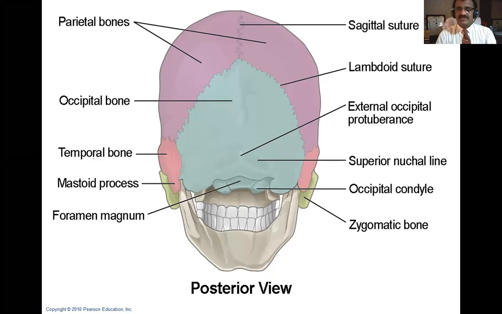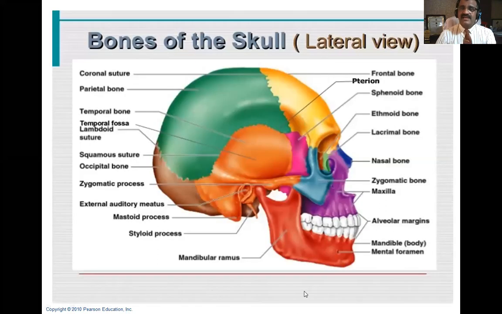So we call this norma frontalis. This is a posterior view, norma posterioralis. You can see the lambdoid suture here. Here is another view, norma lateralis, the lateral view of the skull, or norma temporalis, because the main bone in this region is the temporal bone. From this side you can see the suture here.